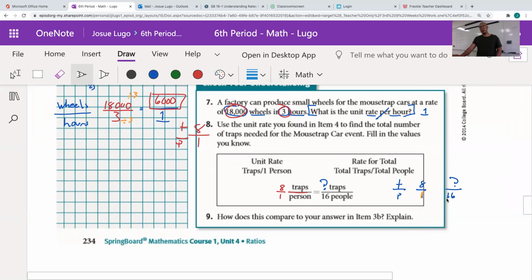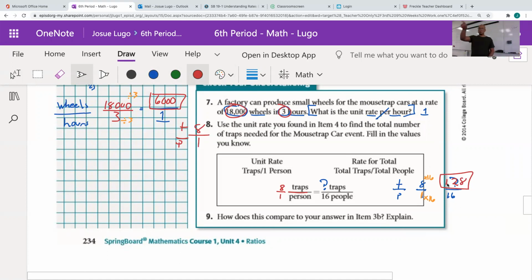You just multiply it by that number. 1 times what is equal to 16? 1 times 16. And if I multiply 1 by 16 to get to 16, I have to multiply the 8 by 16 as well. 8 times 16 is equal to 128.